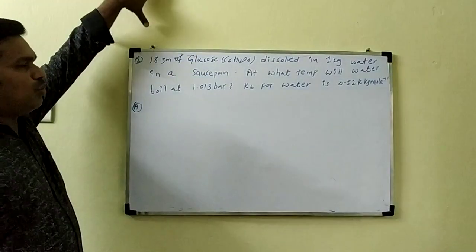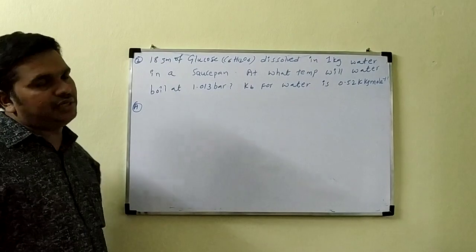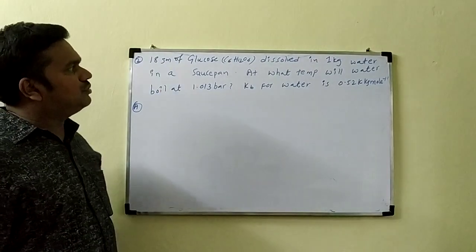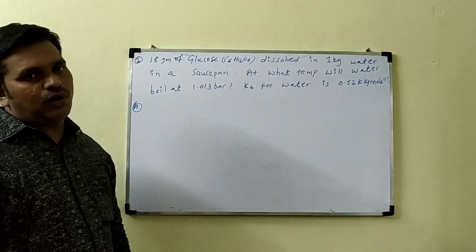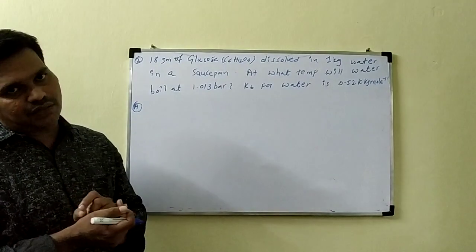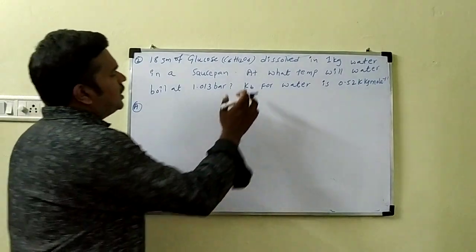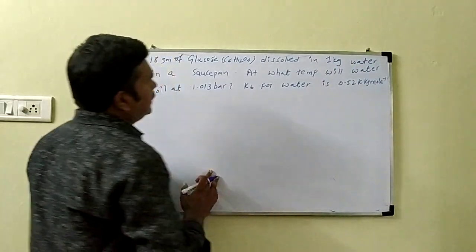Let us see one more question on elevation in boiling point. See the question here. 18 grams of glucose dissolved in 1 kg of water.